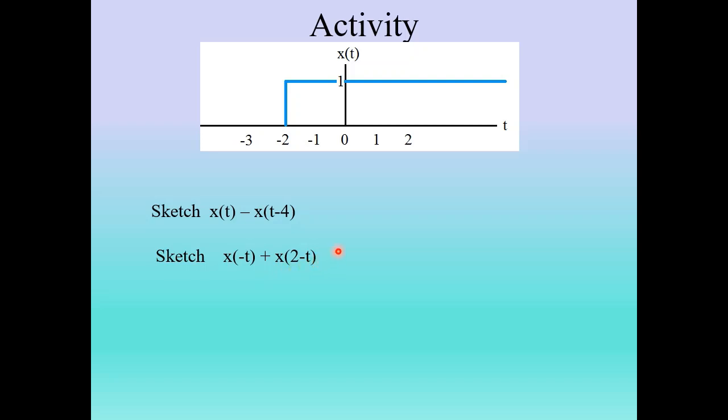So go ahead and pause the lecture here, do these activities, and see if you can get the answers, and then we'll go over those. Unless you've completely got this down, you might want to go back to the previous examples I showed to see how to do this. We'll resume shortly.